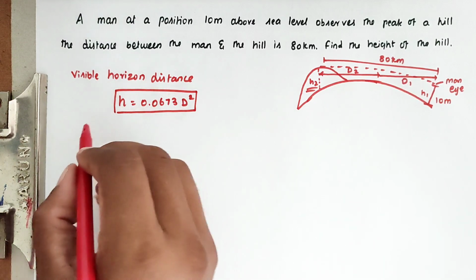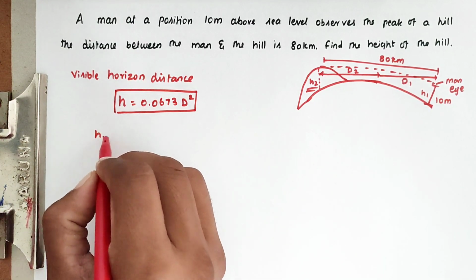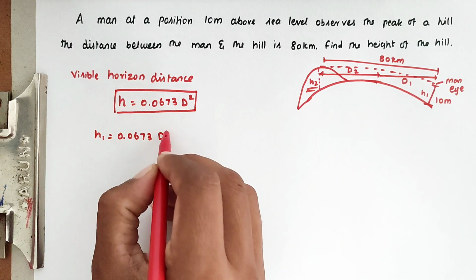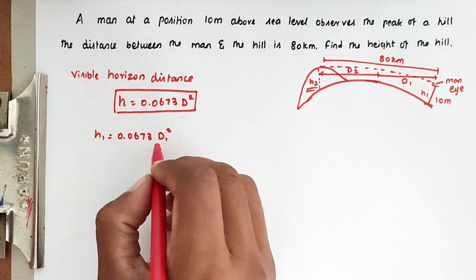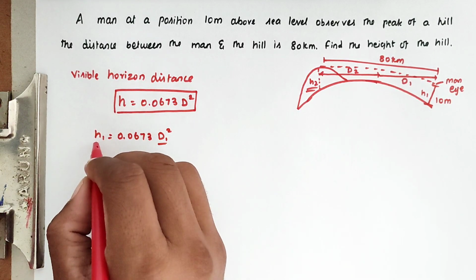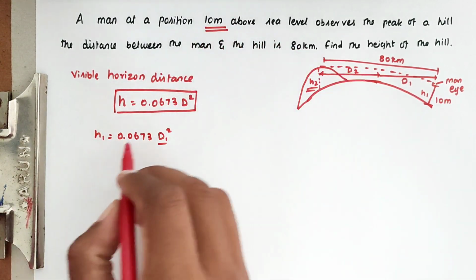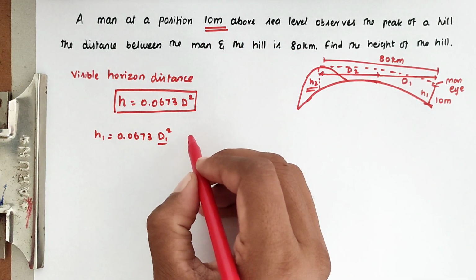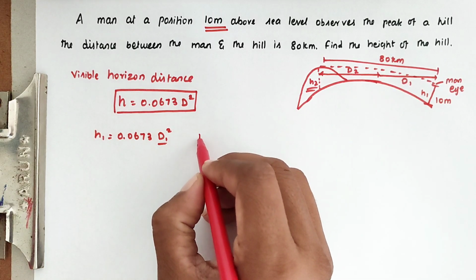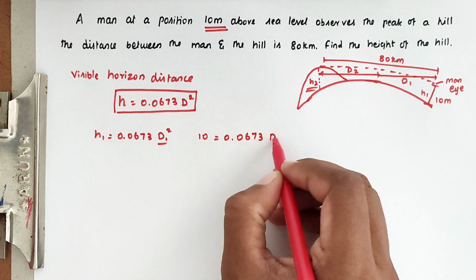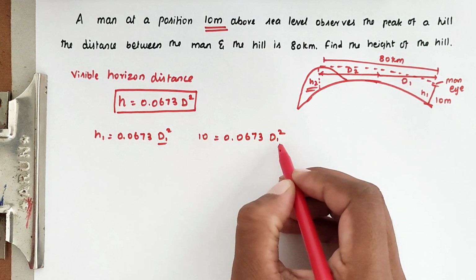Now we can take H1 equals 0.0673 d1 squared, and from that we can find d1. H1 is already known because it is given, so we can substitute the values. H1 is 10, equals 0.0673 d1 squared. The only unknown is d1.